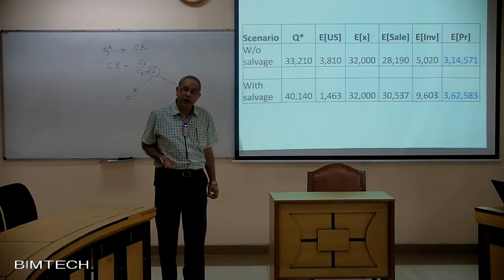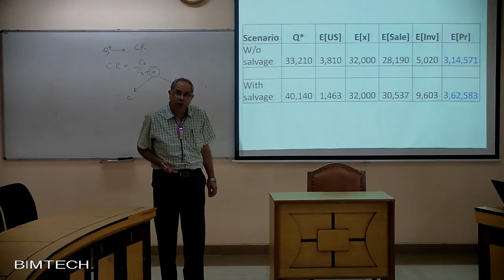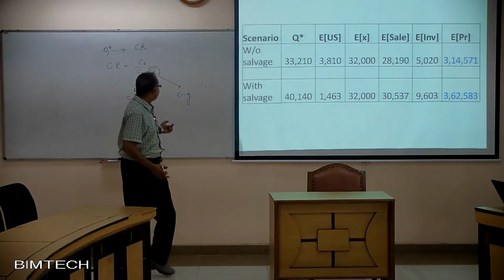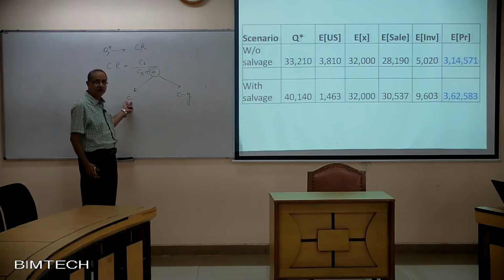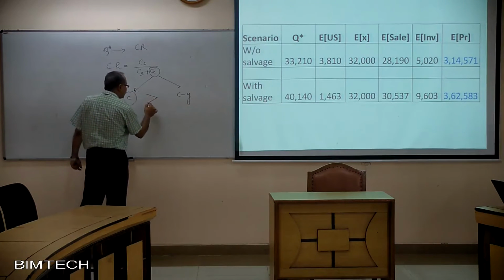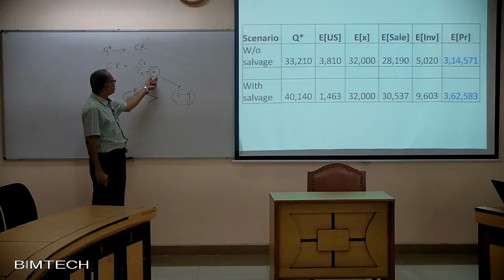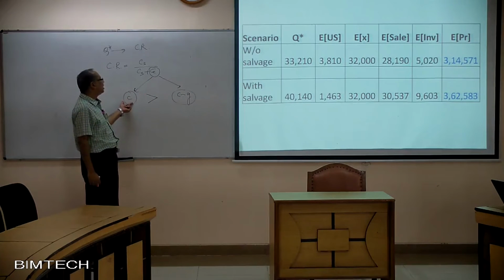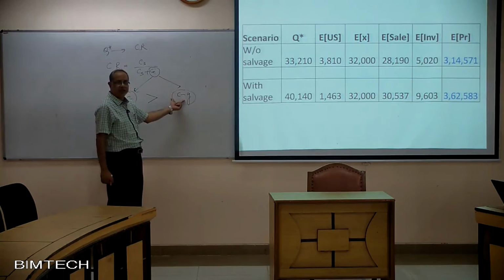But how much have we spent on that unit? We have spent C. And therefore, effectively, how much is our cost? Our effective cost is C minus G. Whereas in this case, the effective cost is C. Now, obviously, C is greater than C minus G. And therefore, the excess cost here is going to be much greater than the excess cost in this case.